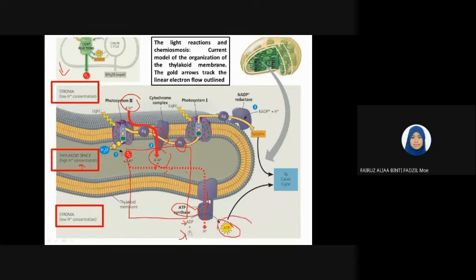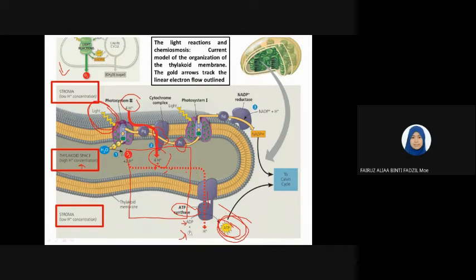Phosphorylation because it is the formation of ATP. Why photo? Because at the earlier part of the process, we are using light energy as the source of energy. That's why the whole thing is called photophosphorylation.